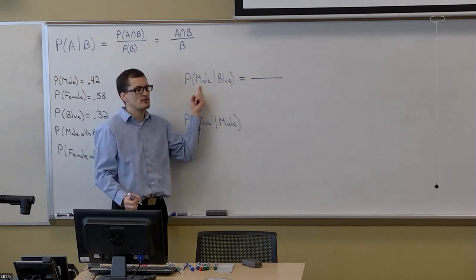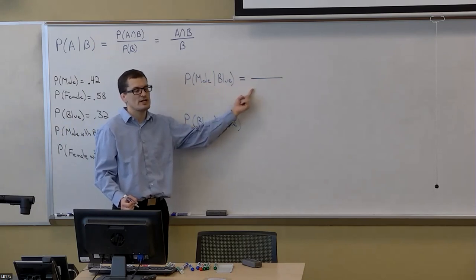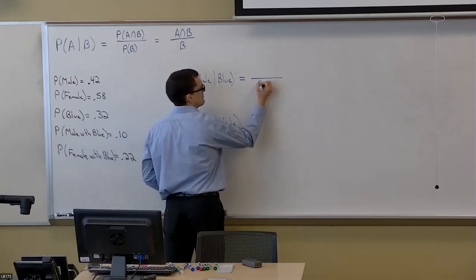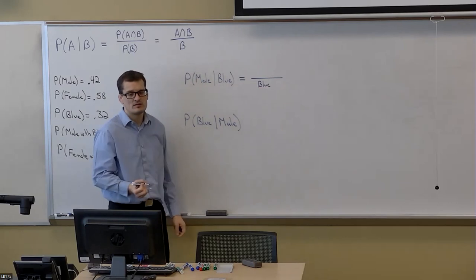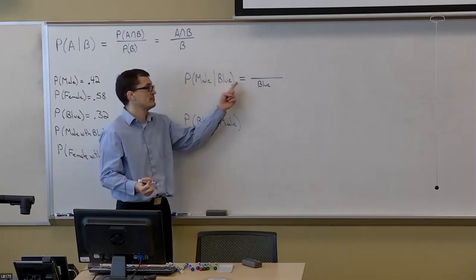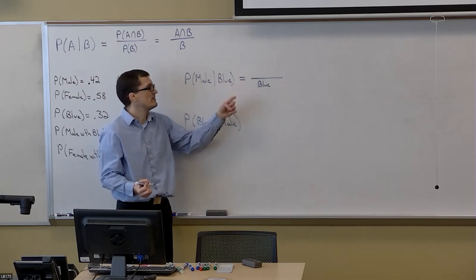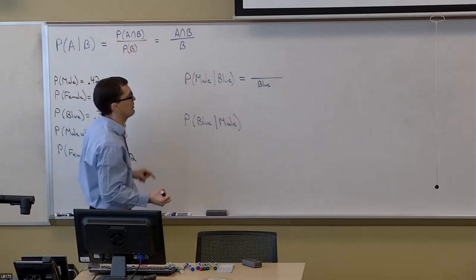So if I'm looking for probability of male given blue eyes, I'm going to create a fraction. In the bottom of that fraction is going to be the given of having blue eyes. In the top of that fraction, it's going to be those with both traits.